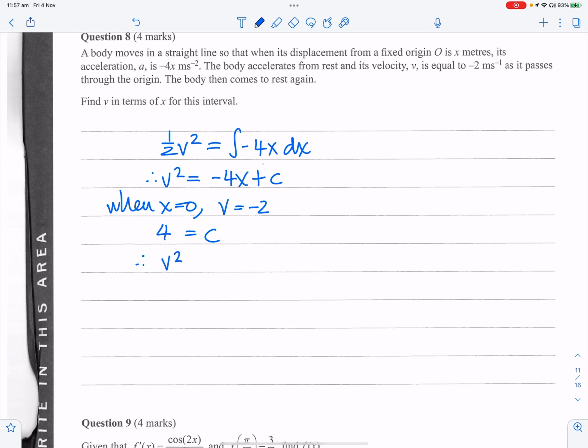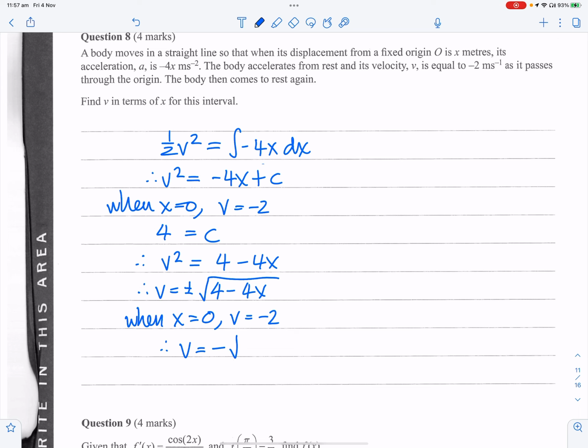So we can say v squared is equal to 4 minus 4x. Therefore, v is equal to plus or minus the root of 4 minus 4x. When x equals 0, v equals negative 2, therefore v must equal negative the root of 4 minus 4x.